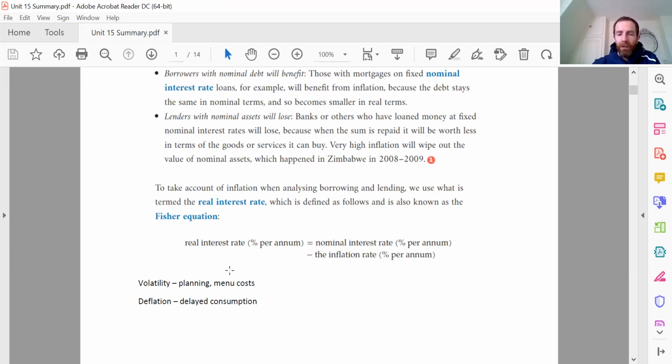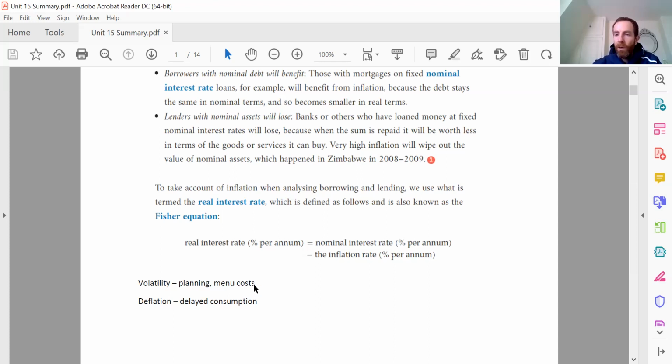And then we have this term menu costs, which is particularly relevant for businesses. If the general price level is changing, if the price of your inputs is changing quite a lot, and therefore you need to change the price of your final product, and you have to do that quite a lot, particularly if you're producing a catalog or an actual hard copy of your prices, then that's going to be quite costly, having to constantly update and change the prices.